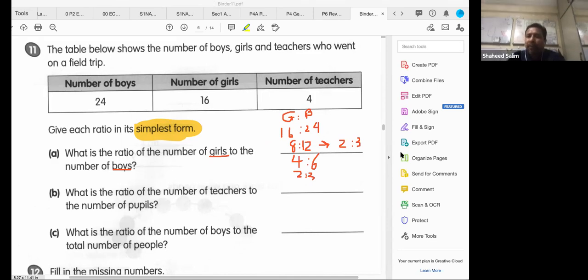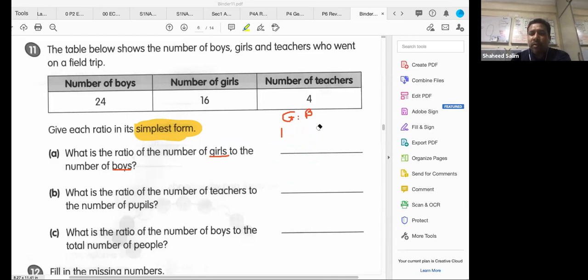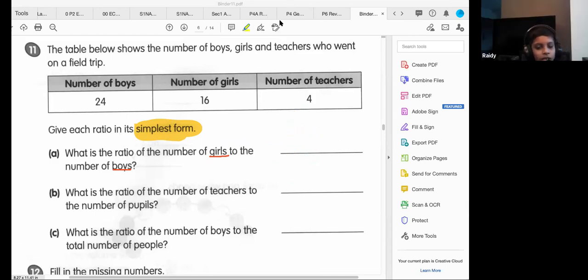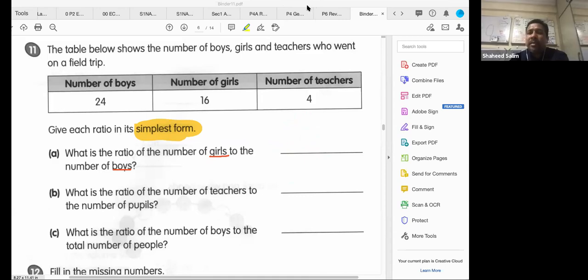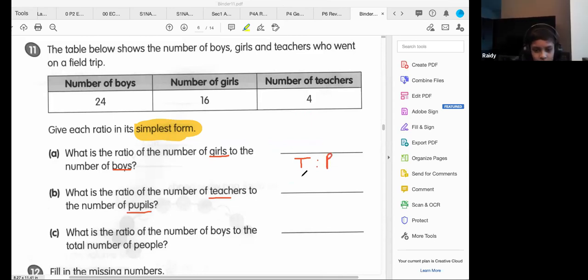Because I think, okay, you tell me now. Okay, now we are gonna ask Mr. Raidi. Mr. Raidi, you tell me how many teachers are there in the school? 4. So first of all, Raidi, I am gonna write like this. This is my style. You can copy it if you want to. T is for teachers. Teachers is to pupils. Okay, now so you say there's 4 teachers. 4 times 16, which will be.